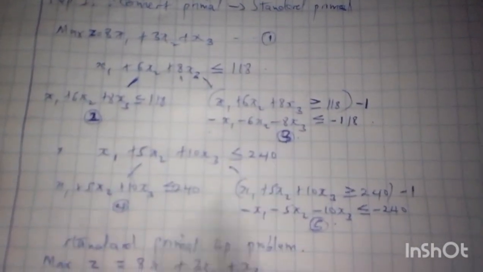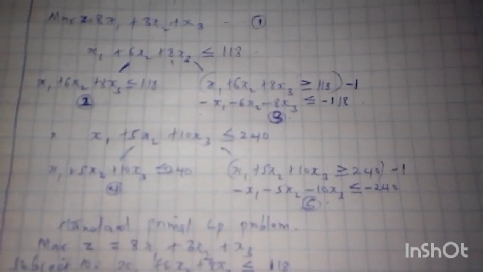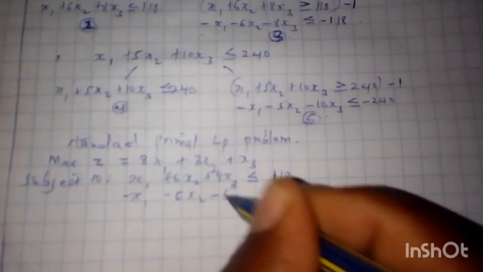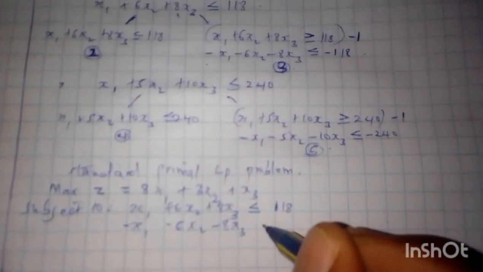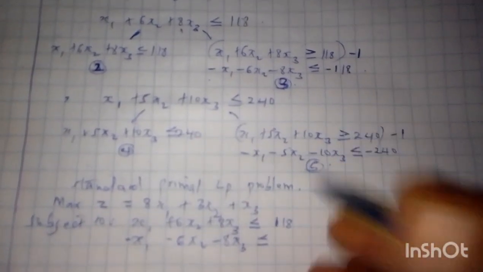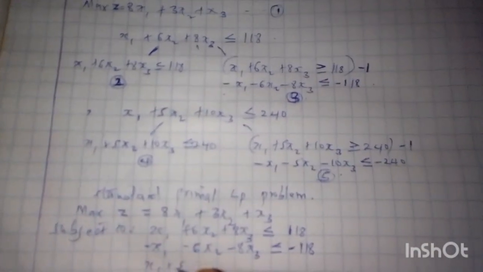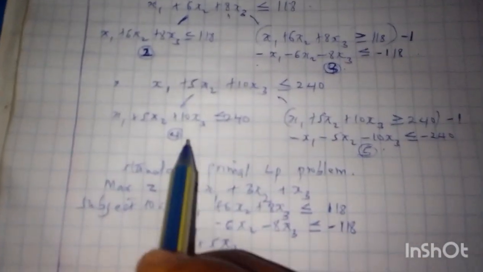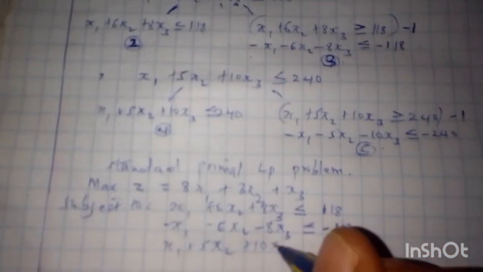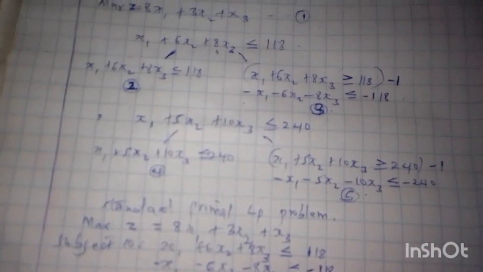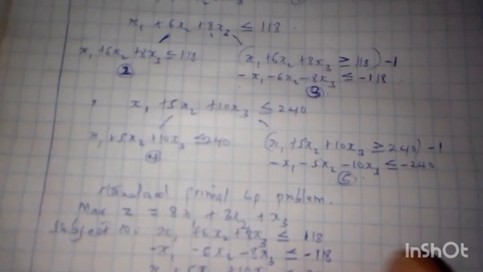Then 3 is negative x1 minus 6x2 minus 8x3 less than or equals to negative 118. 4 is x1 plus 5x2 plus 10x3 less than or equals to 240.